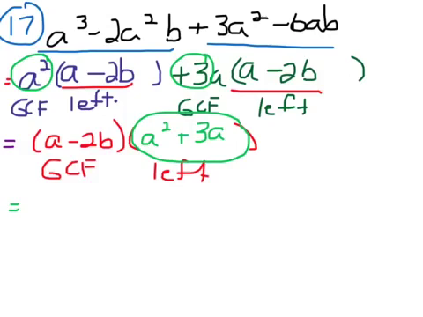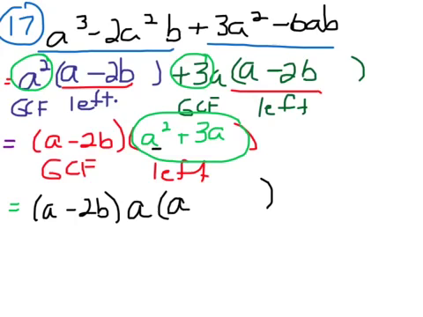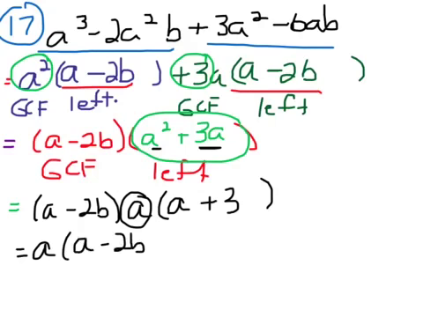It's almost kind of good that it happened, because I can show you that if it does happen, all you do is when you get down to the end, a squared plus 3a, can't I pull an a out of both of those? A squared, take out an a, would be an a left. 3a, take out the a, would be a plus 3 left. I wouldn't write it that way. Anytime you have a single term like this a, you're going to write it out front, and then you have a minus 2b and a plus 3.